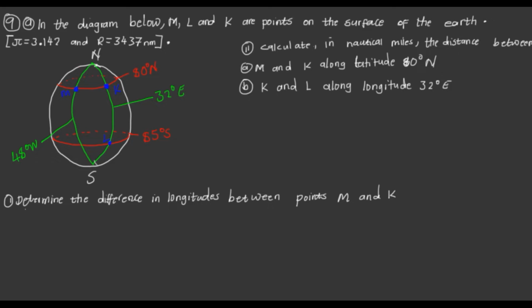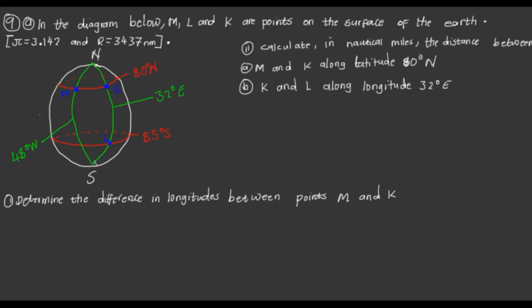Now the first question is Roman number 1, determine the difference in the longitude between points M and K. So we want to find the difference between M and K in terms of longitude. We are going to find the longitude where M is and the longitude where K is.